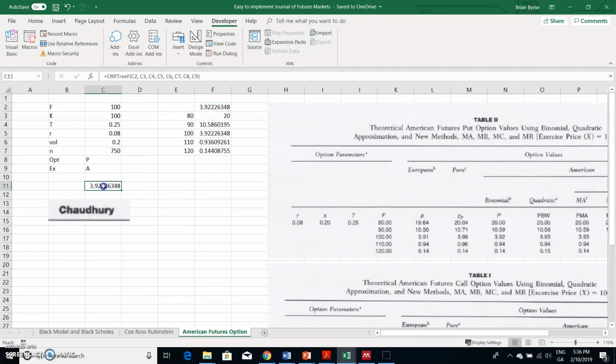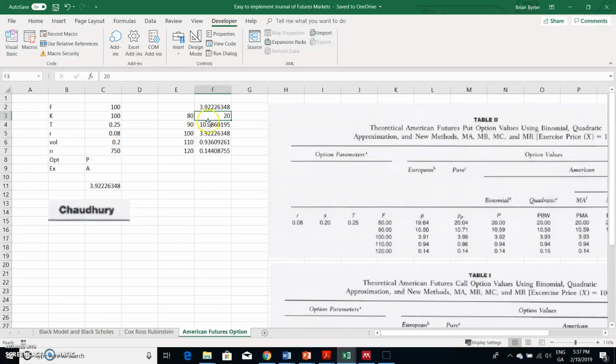And I took that same function again, Cox-Ross-Rubinstein tree for futures. And we have futures prices of 80, 90, 100, 110, 120. So the futures price being 80, 90, 100, 110, 120. And the values I obtained using a data table.